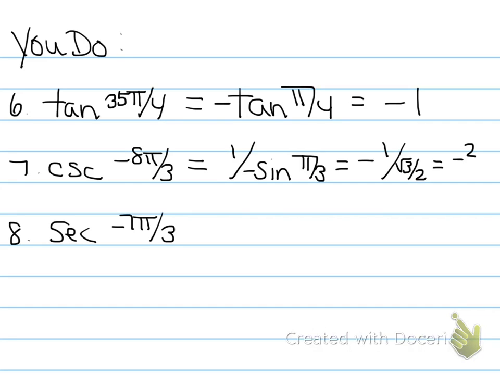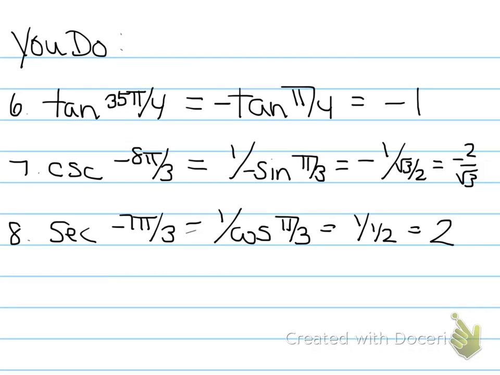Or negative 2 over root 3. Last one, negative 7 pi over 3. That's going to correspond to 1 over the cosine of pi over 3. 1 over 1/2, and we get 2.